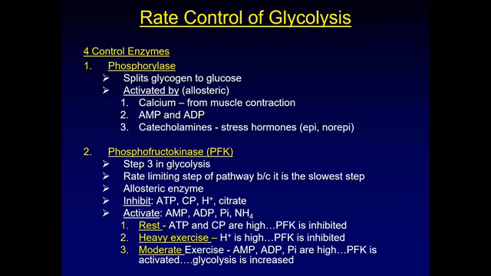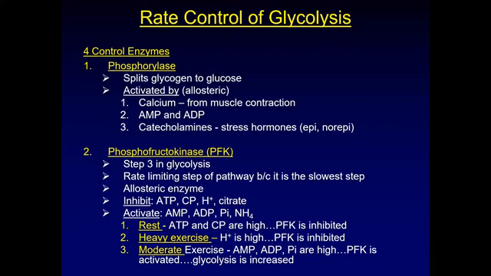First place we control glycolysis is very simply by how much glucose I can feed into the reaction. Now, I added a little thing on your piece of paper that is not going to be on the slides until Friday.